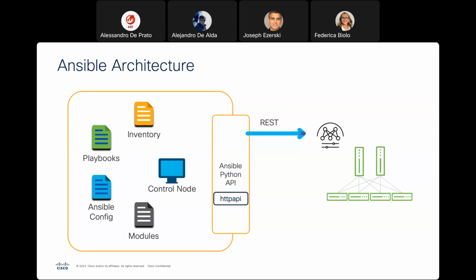Playbooks contain a list of tasks, and each task has to be bound to a module. The modules, in our case, could all come from the collection that includes the NDFC functionalities, the NDFC modules, or can also be other modules that allow us to interact with other applications, something that we're also going to see in the Ansible demo.